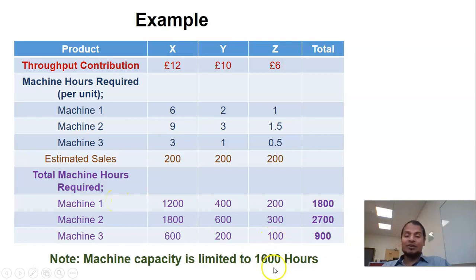But we have 1600. In the case of machine 2, we need 2700, but again we only have 1600. In the case of machine 3, we need only 900, but the capacity of the machine is 1600. So machine 3 is not a bottleneck resource. Machines 1 and 2 are the bottleneck resources here.